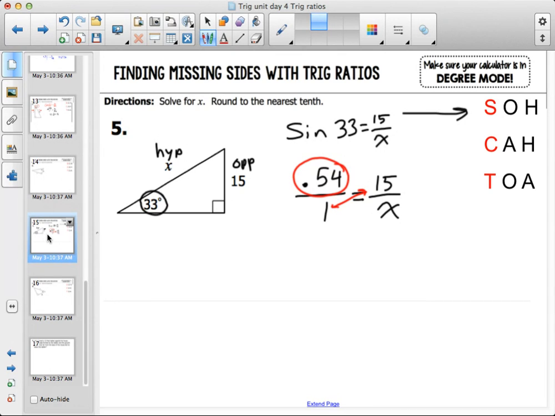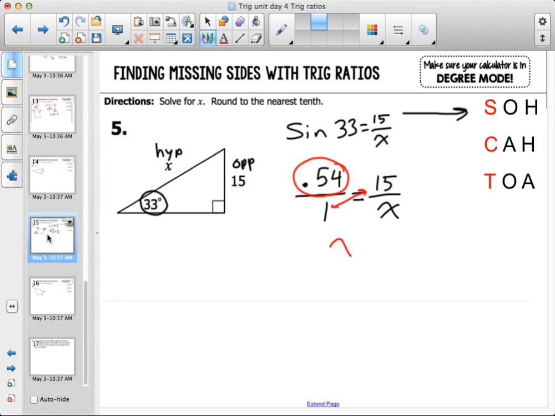When you divide by something that is in between 0 and 1, you're going to get a number that's larger than what you're dividing. So this is 15 divided by 0.54, and we'll get 27.8, we'll call it.